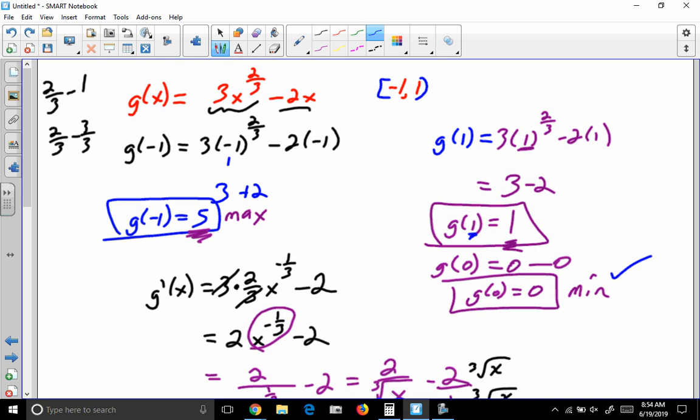So if we have an interval and the ends are not included, we want to essentially find the maximum or minimum on the closed interval and then ask ourselves, if we change that to a parenthesis, is that going to get rid of the maximum? Is that going to get rid of the minimum? Or do we still have both of them?